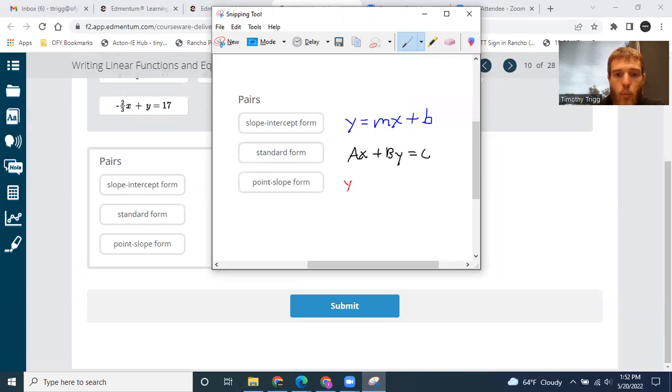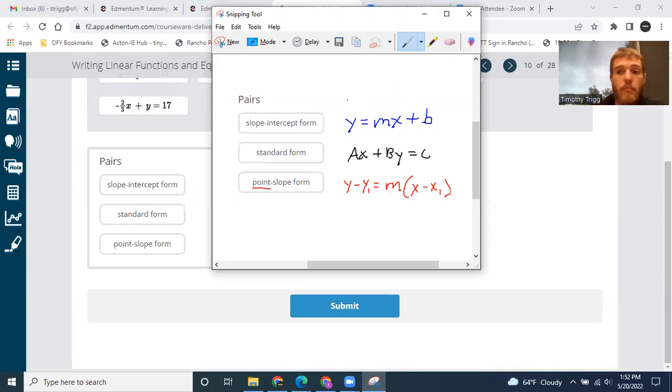This one was y minus y1 equals m times x minus x1. M is the slope, the same as the m in slope-intercept. This last equation requires a coordinate point, an x and y, and the slope in order to write its equation. These are the 3 main linear equations you're going to need to know.